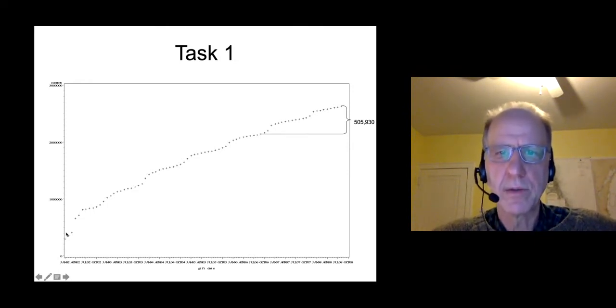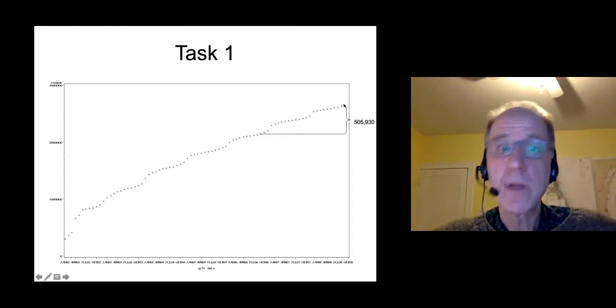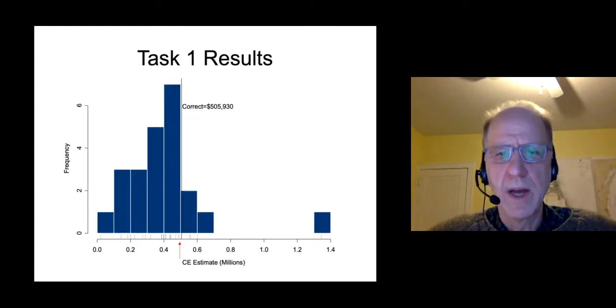Now, I'd like to point out that if you took a ruler and laid that ruler down and extended it out 2 years, you wouldn't hit the number exactly, but you would come pretty close.